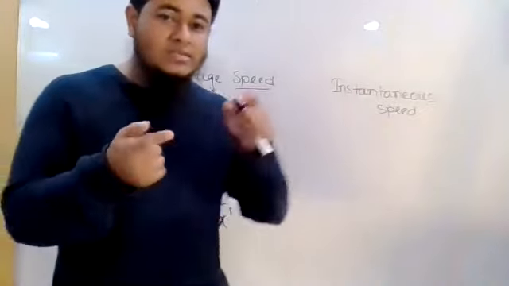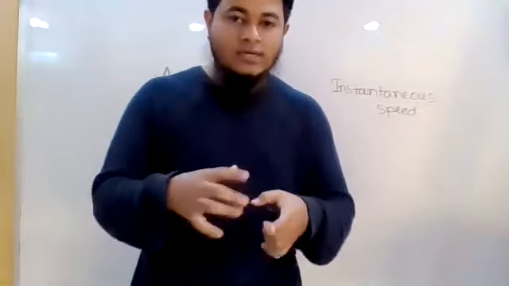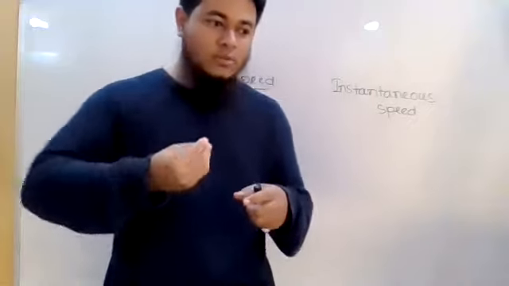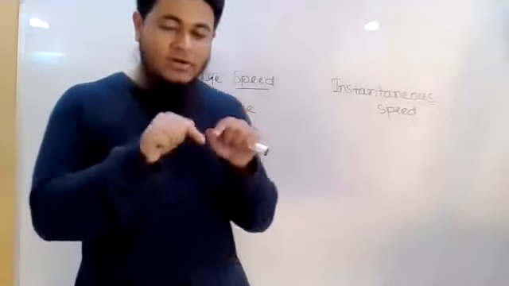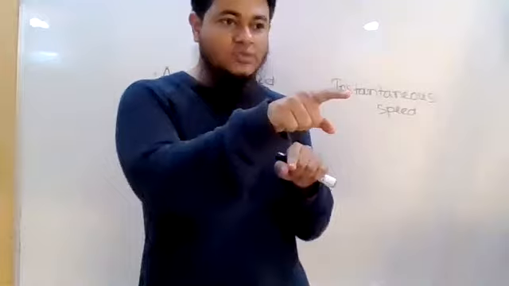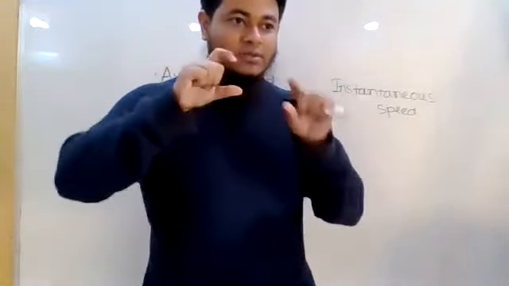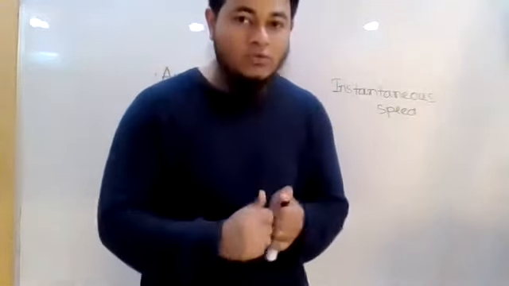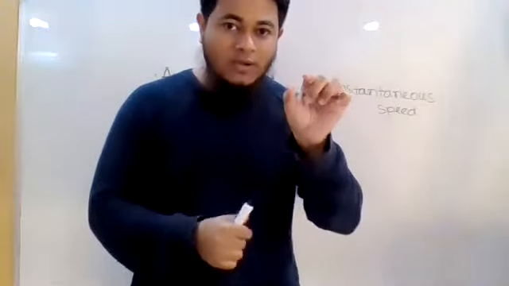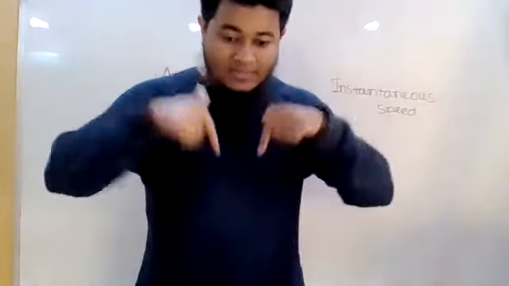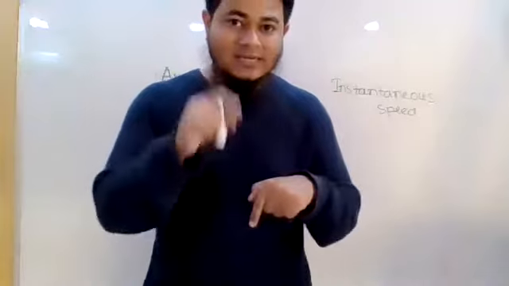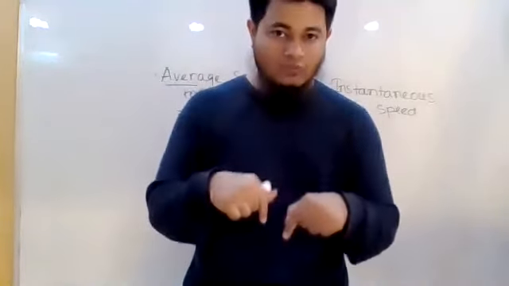Instantaneous speed means the velocity at this moment. Let us say you are going to the school, and at a particular moment you look at the speedometer and it says the speed of the car is 80 kilometer per hour. So 80 kilometer per hour is the speed at this moment, at this instant. Instantaneous means at this moment.